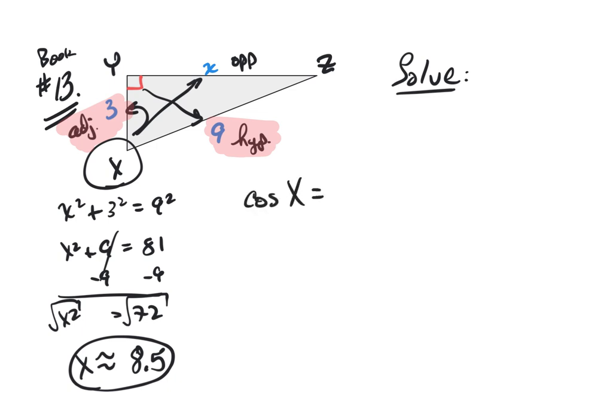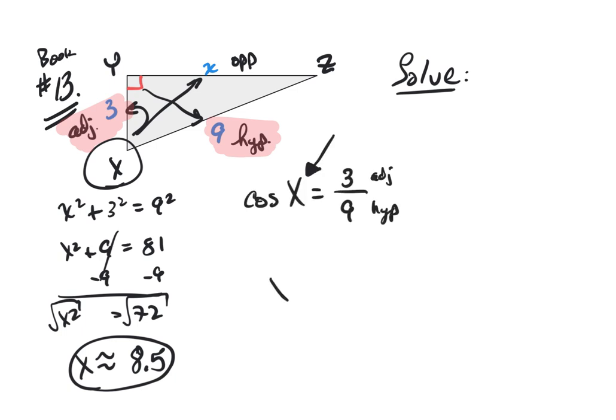So the cosine of capital X is going to be equal to the adjacent side divided by the hypotenuse. And when we fill in the adjacent side, 3, and the hypotenuse, 9, we have our trig equation. As I mentioned yesterday, please notice where the variable is. The variable's right there, it's the angle.